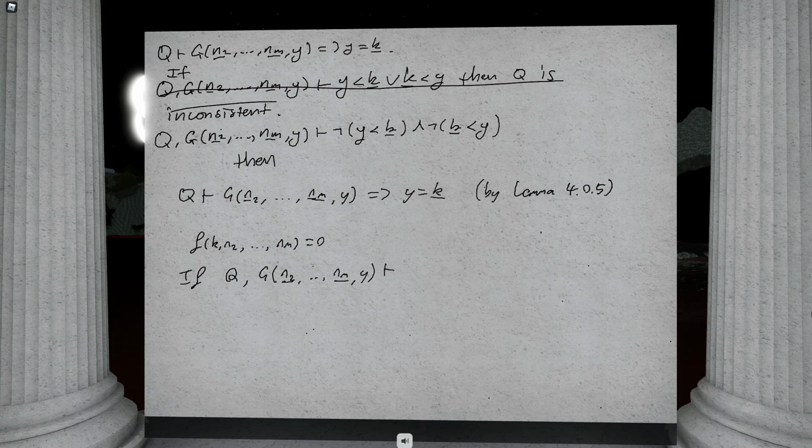If that can prove that K underline is less than Y, then since we have G, which has inside it that for all w, write this down please, Q with G entails that for all w, w less than y implies it's not the case that capital F of w, N2 underline, up to NM underline, implies... So this part is, it's not the case: negation of capital F of W, N2 underline, up to NM underline.